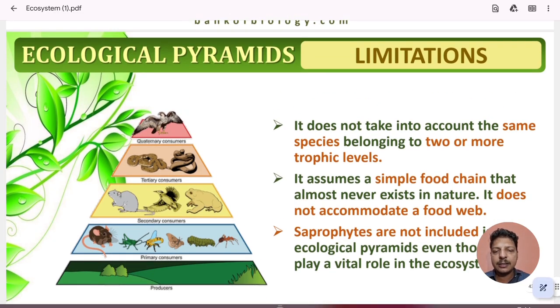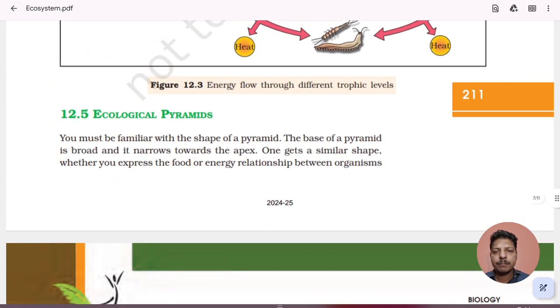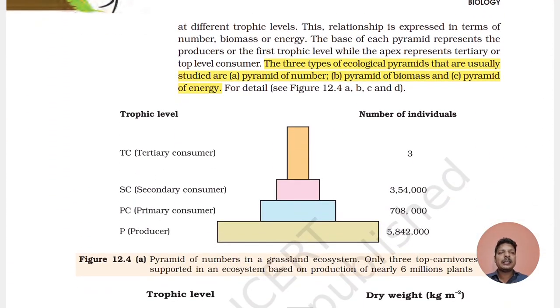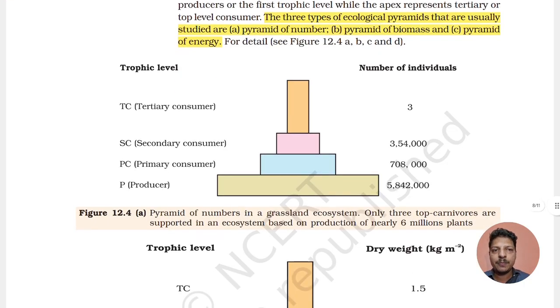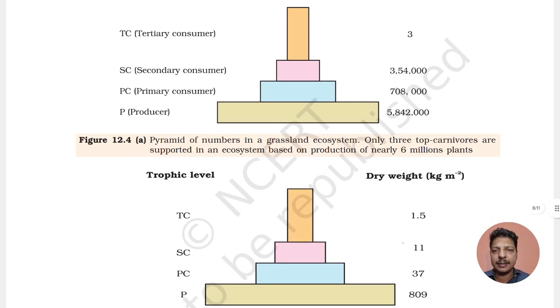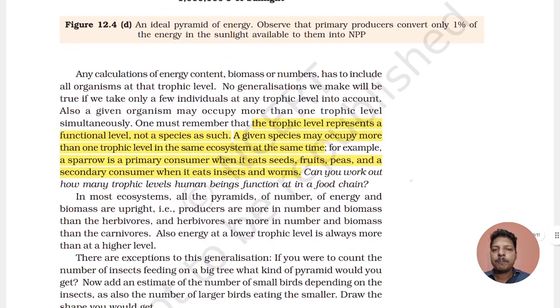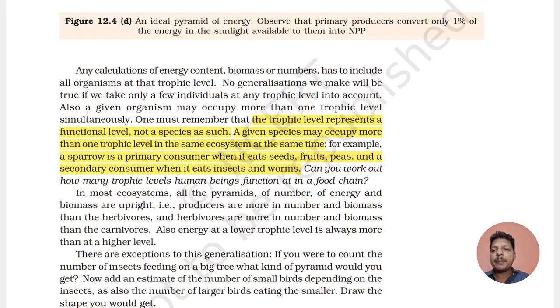Let's see what the NCERT says here. 3 types of ecological pyramids that are usually studied: pyramid of number, pyramid of biomass, and pyramid of energy. Here the same example is taken, as you can see. Then, the trophic level represents a functional level, not a species as such.